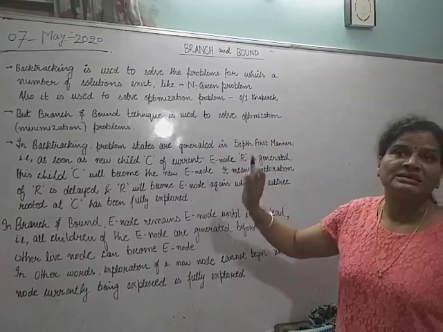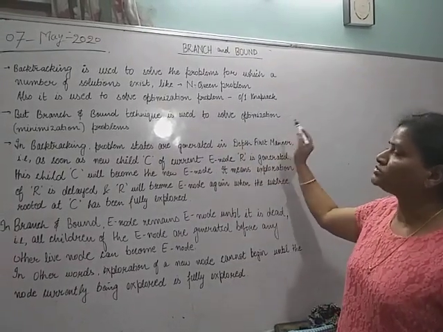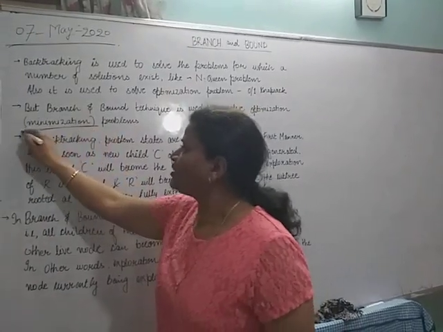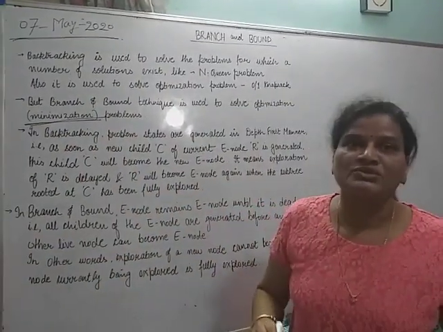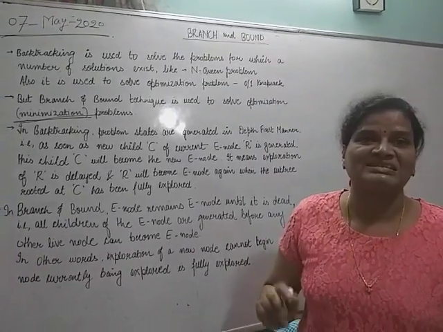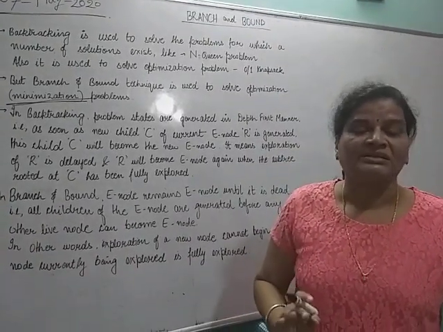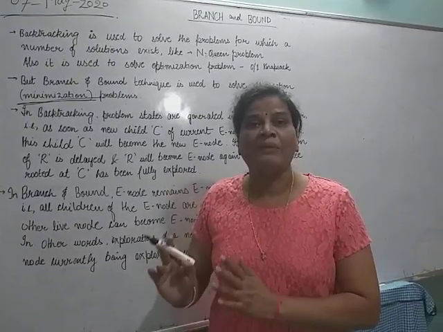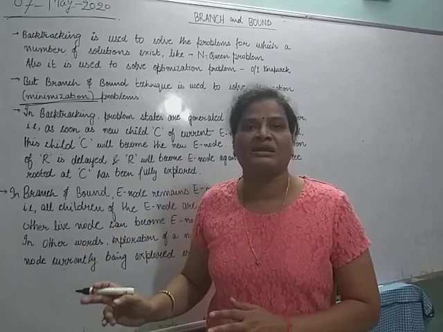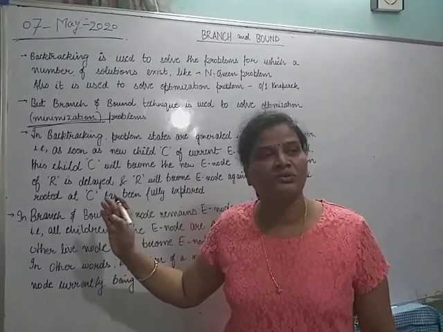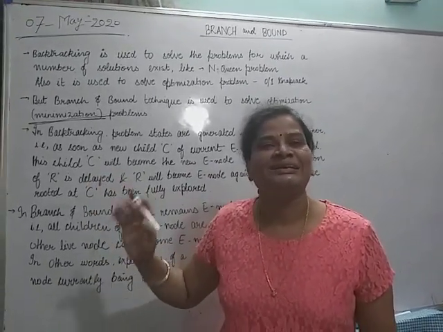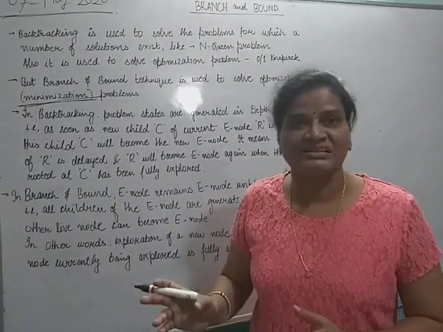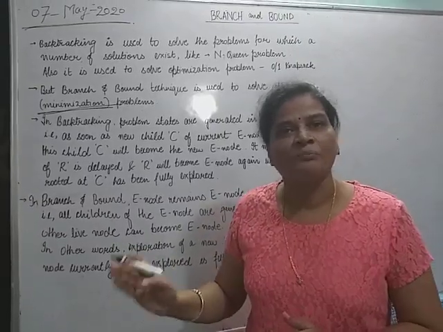But the branch and bound method is used to solve optimization problems, and note that in optimization it is used to solve minimization problems. If the problem is a maximization problem, then we can convert it into a minimization problem to use the branch and bound technique. There are a number of ways to change the functions from maximization to minimization.